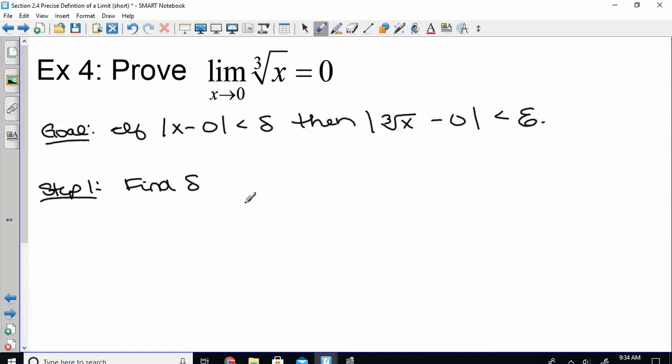Okay, so step 1 is the scratch work, find delta. We start from this second part, so we're just working backwards.